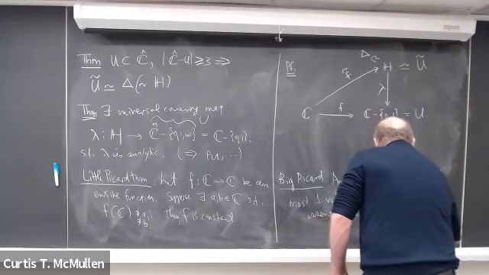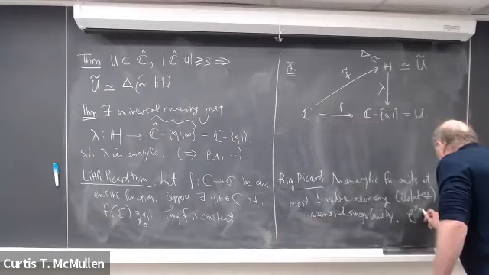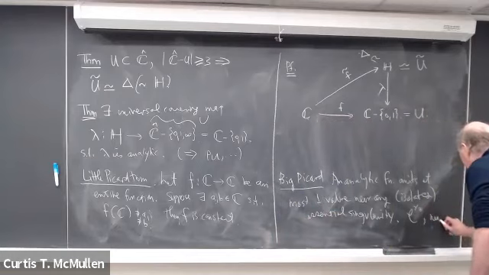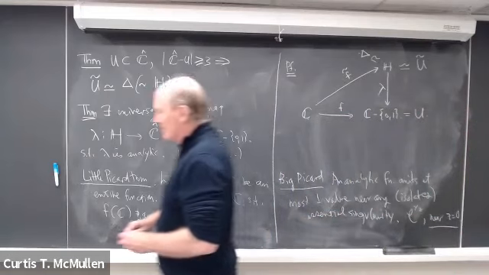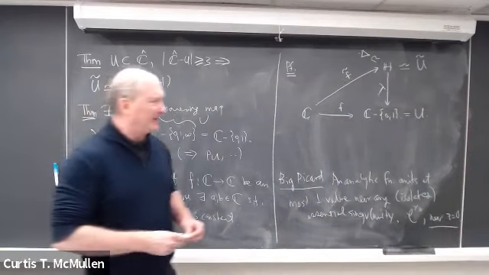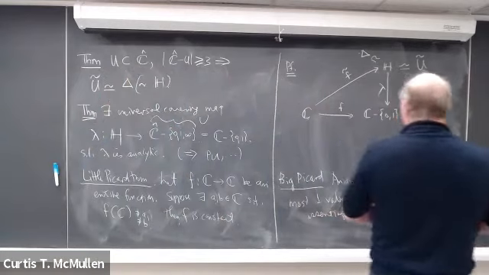And a typical example of this is e to the 1 over z, which has an essential singularity at z equals 0. It's not too hard to soup up this theorem and use the Schwarz lemma to prove the Big Picard theorem, but I won't bother doing that.